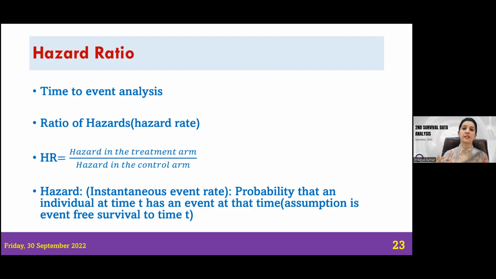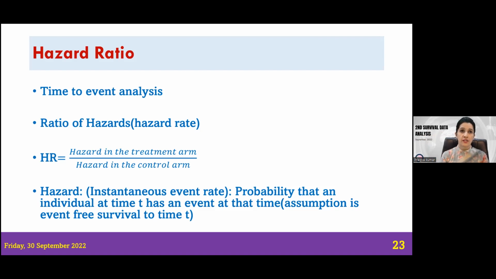Hazard is simply the failure, and then you calculate the probability of survival. From that survival probability, using a mathematical calculus formula, the hazard rate is calculated. And when you take the ratio of those two, we define that as a hazard ratio.